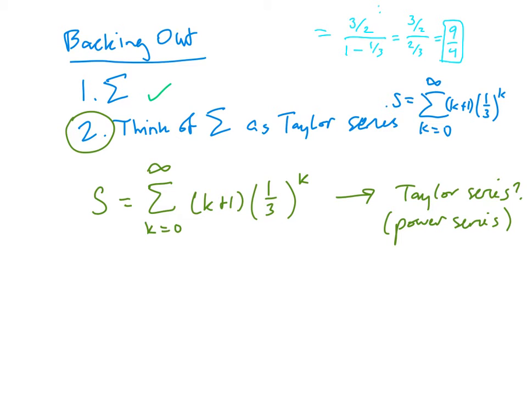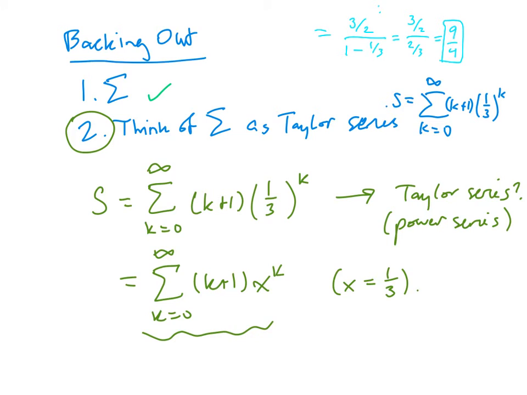We're just going to care that they are power series. So thinking of this as a power series, I could think of this as the sum from k equals 0 to infinity of (k plus 1) x to the k, where x is equal to 1/3. Okay, so that's what it is I'm trying to figure out. So basically I'm trying to figure out what in the heck function is this anyway? What function is this?